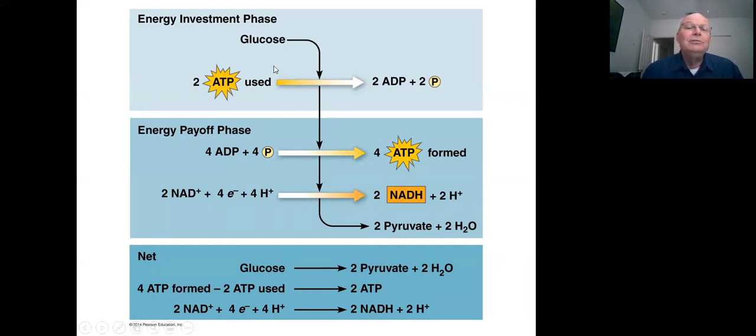Pyruvate. So glucose is oxidized to pyruvate, and along the way, that allows NAD plus to be reduced to NADH. So already we're starting to see redox reactions. And we're starting to see the end result of those redox reactions. Now, if you're an organism that functions in the absence of oxygen, this may be the only way that you can make ATP.